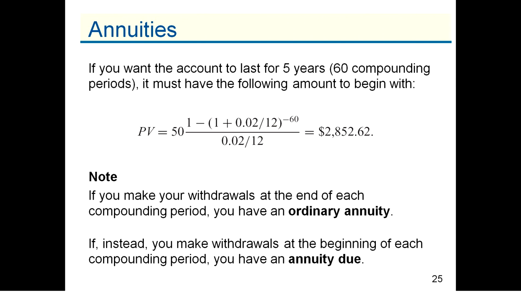And then my mt is 60 because it's 5 times 12. And when I plug all that in, I'm getting 2852.62. Now once again, try plugging this in and make sure you're getting 2852.62. If you're not, you're probably not calculating this right.